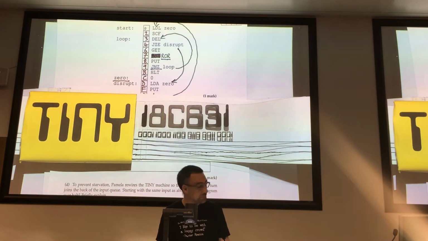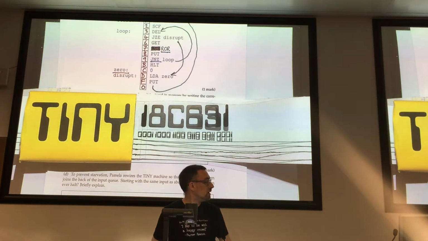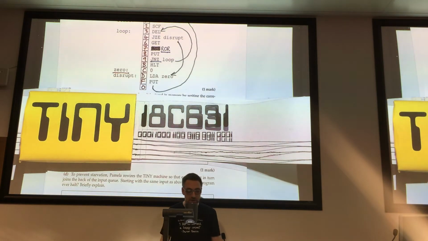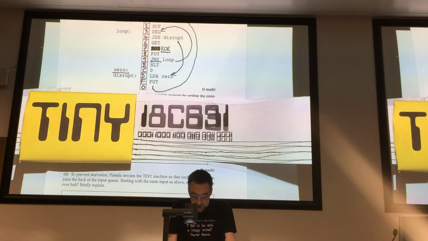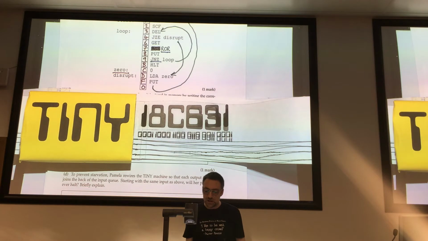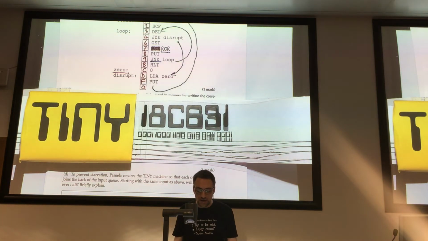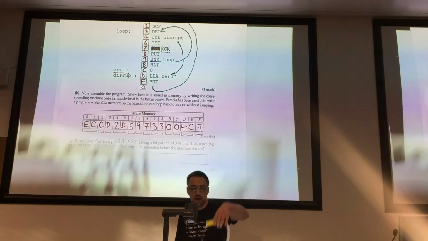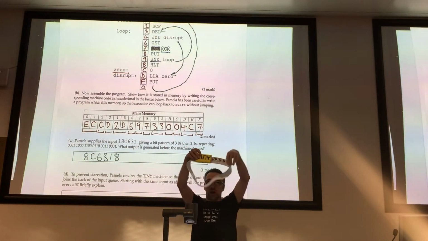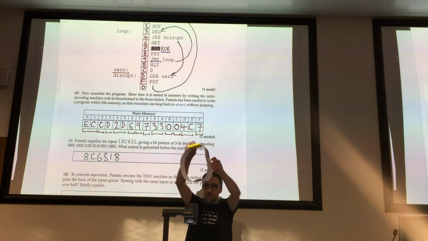Okay, now, last part of the question. To prevent starvation, Pamela rewires the tiny machine so that each output in turn joins the back of the input queue. That's why it's all joined up in a loop like this.